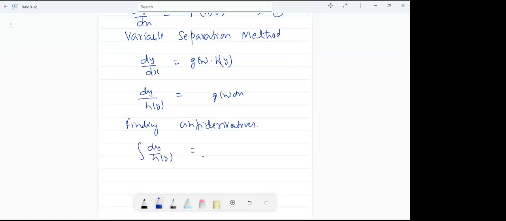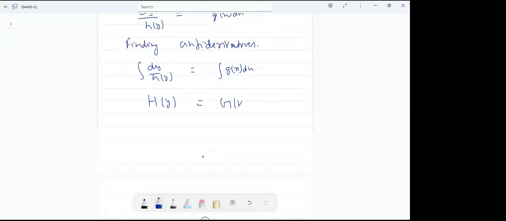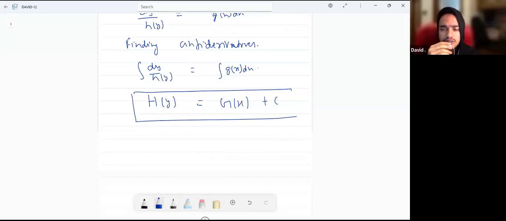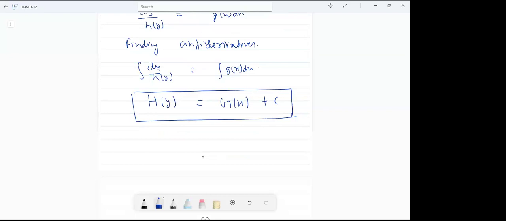Then we find the antiderivative. Antiderivatives means integral.